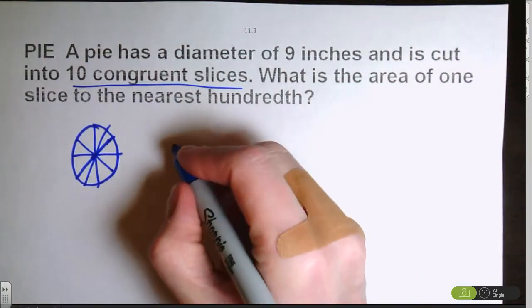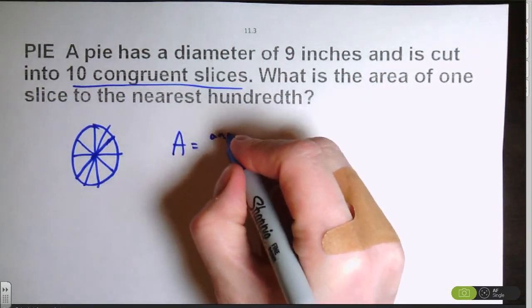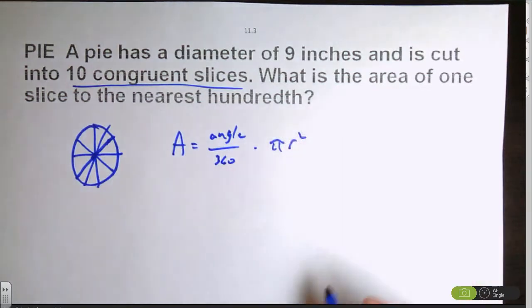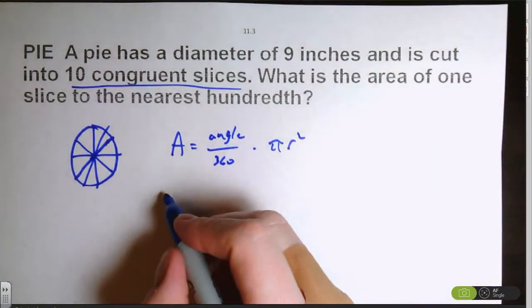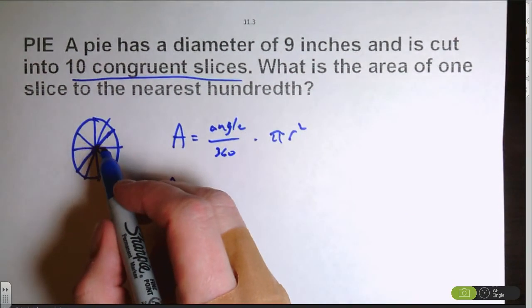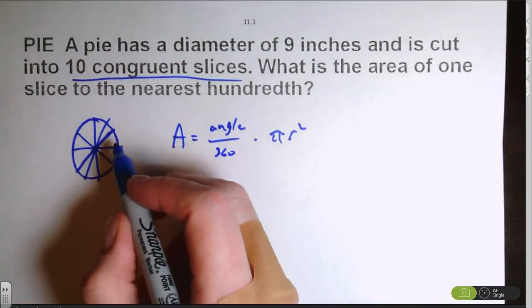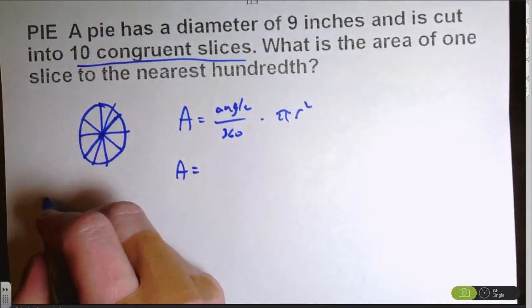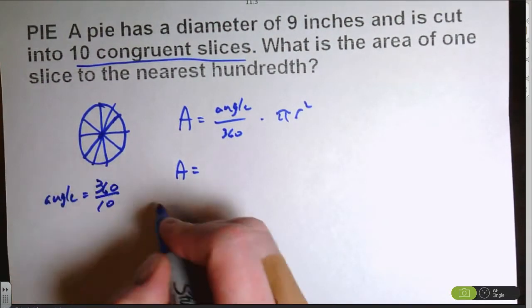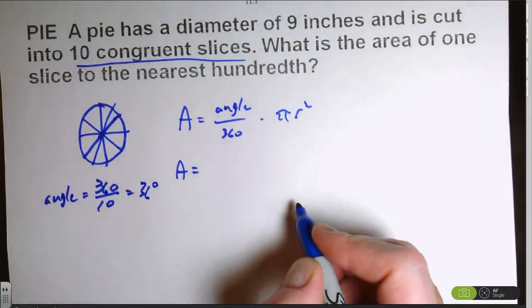Well, I like to do this one, angle over 360 times pi r squared. It's the one I just prefer the most. Our angle we could work out. There are 360 degrees in a circle, and each slice is the same, so the angle is 360 over 10, 36 degrees.